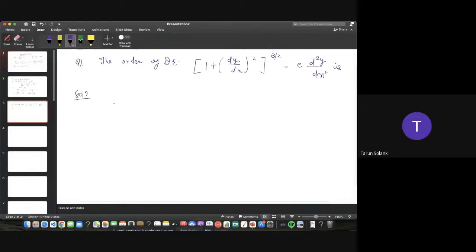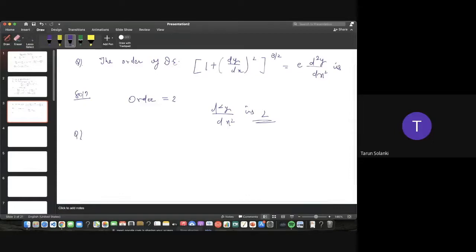Solution: order is equal to 2. The order of the highest derivative is d square y dx square, which is 2. So here also the highest is 2. So order is 2.